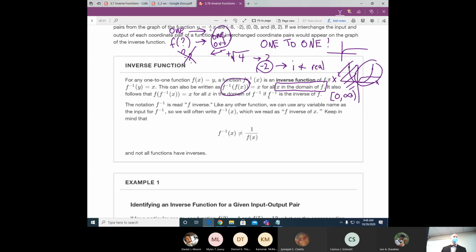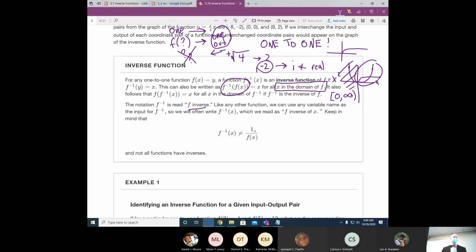Sometimes you don't even have to worry about that. Other problems, especially when you're dividing by something that has an x in it, you have to think, uh-oh, whatever's in the denominator better not be 0, or I'm dividing by 0 somewhere. Otherwise, for all the other x in the domain of f inverse, I get back my x. F inverse.